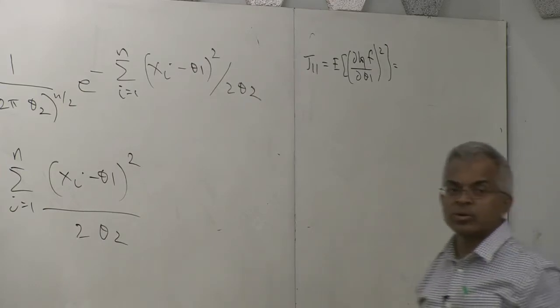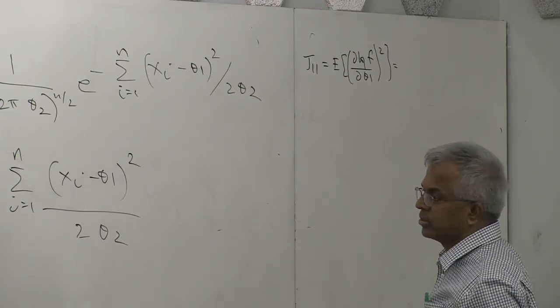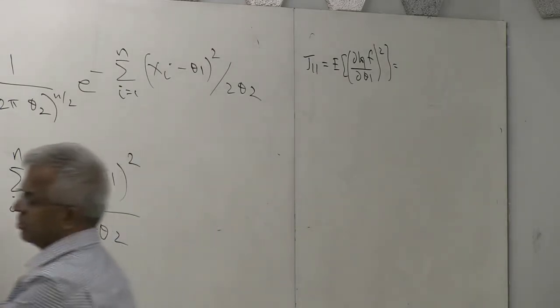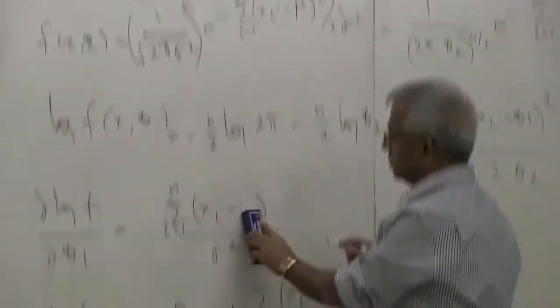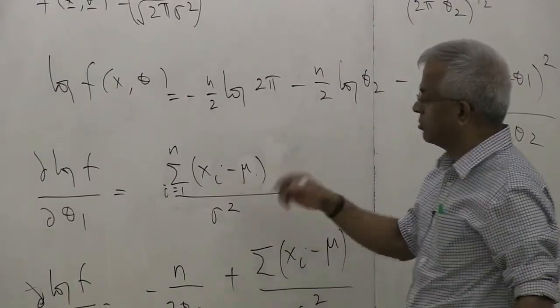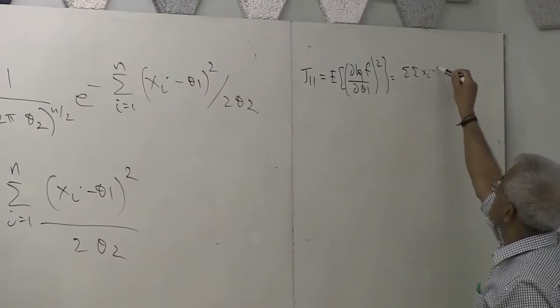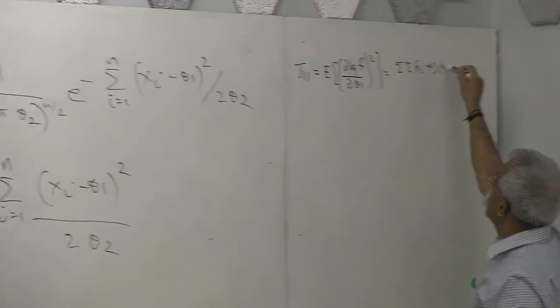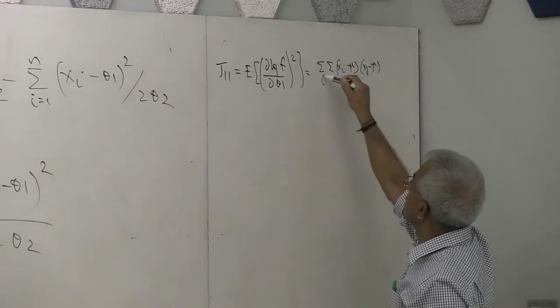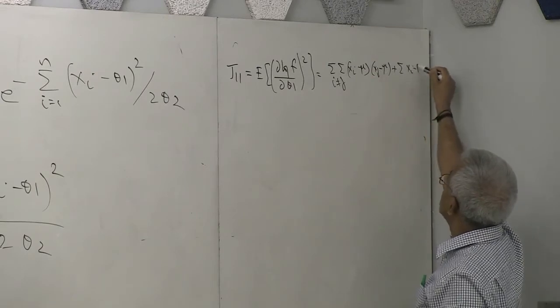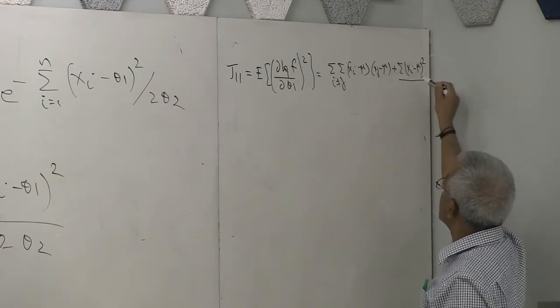Of course I know the answer, but if you want to do it, what is the answer? Anybody? At this point, since you are not going to take any more derivatives, we can write this as sigma squared. You have to square it. So that will be a double summation xi minus mu, xj minus mu, i not equal to j, plus summation i equal to j of xi minus mu the whole squared.